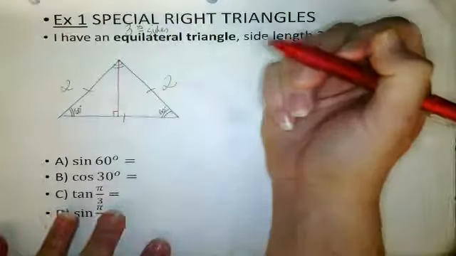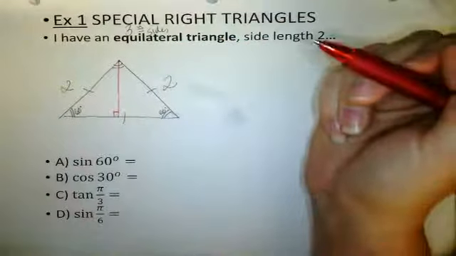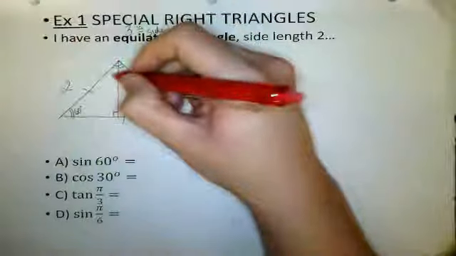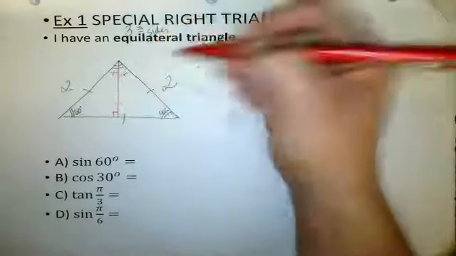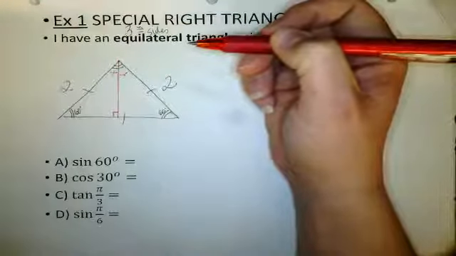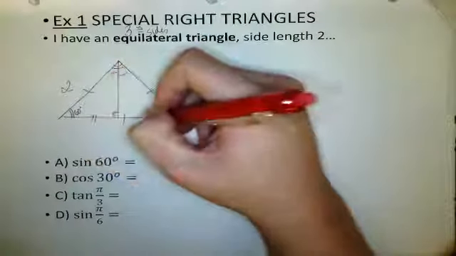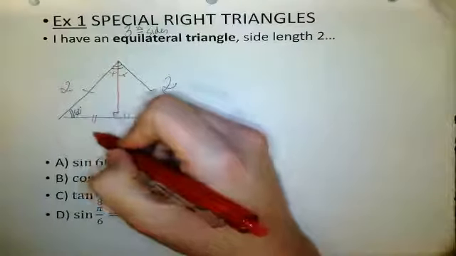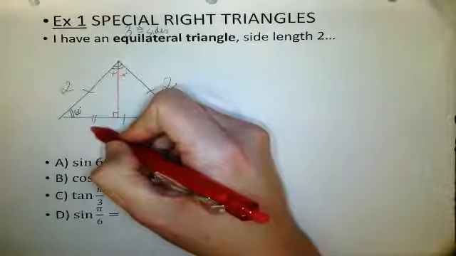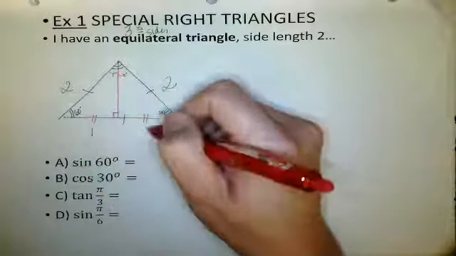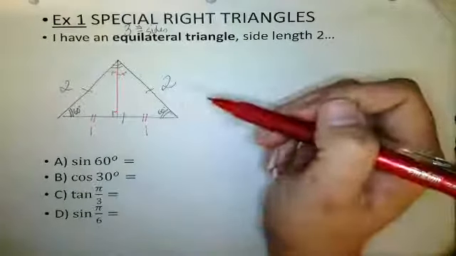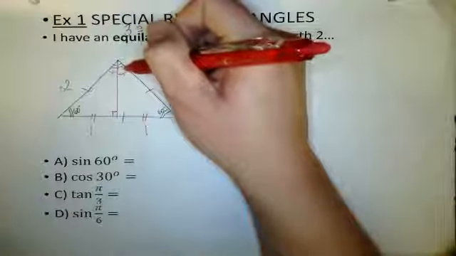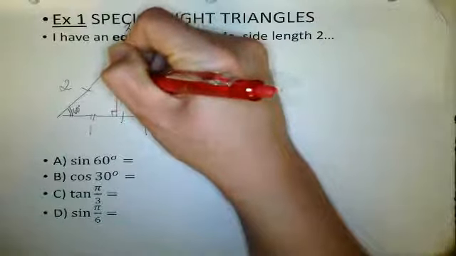And when I drop an altitude on an equilateral triangle, it turns out that it bisects the angle and therefore bisects its opposite side, which means this piece is 1 and 1 unit long. And then we bisected this 60-degree angle, which means this angle is 30 degrees.